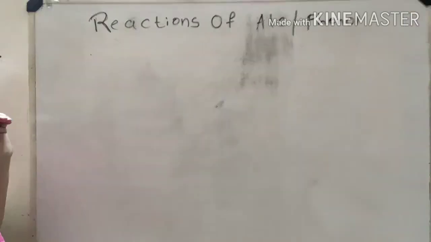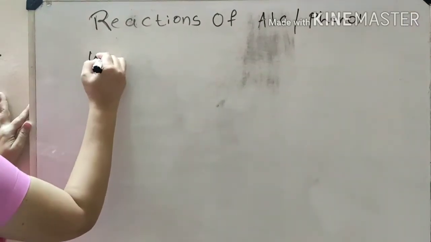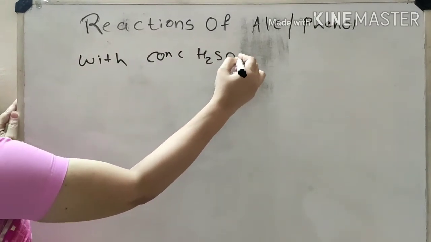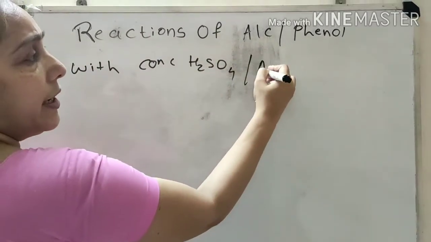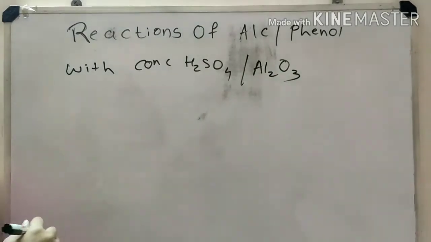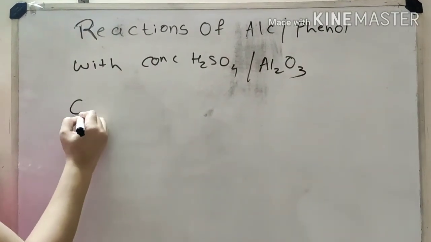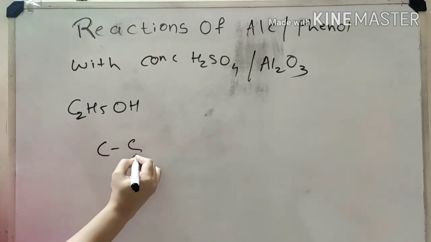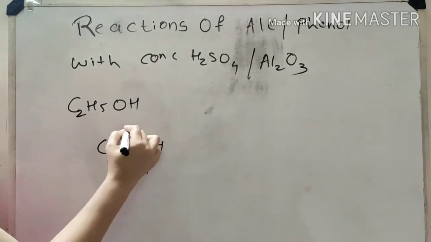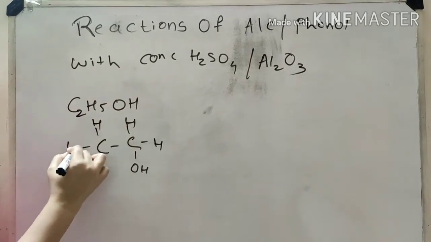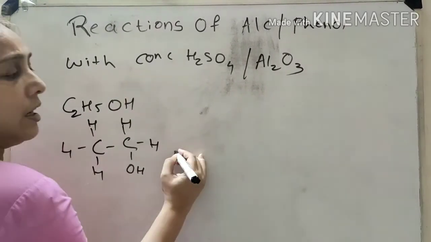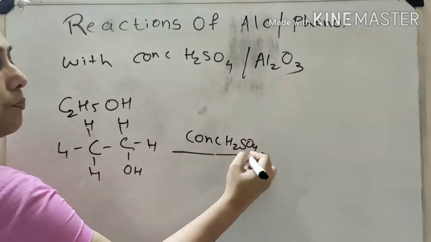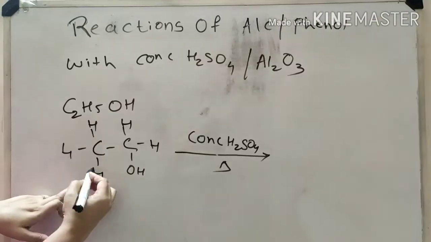The next reaction is with either concentrated H2SO4 or alumina, that is Al2O3. Suppose we take C2H5OH, instead of writing this we can write it in this way also, OH. This is known as ethyl alcohol. When it is heated with concentrated H2SO4, then what will happen?